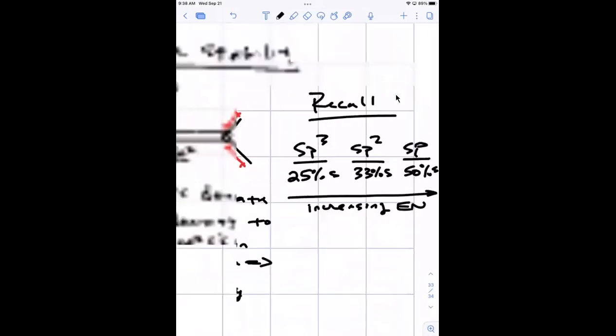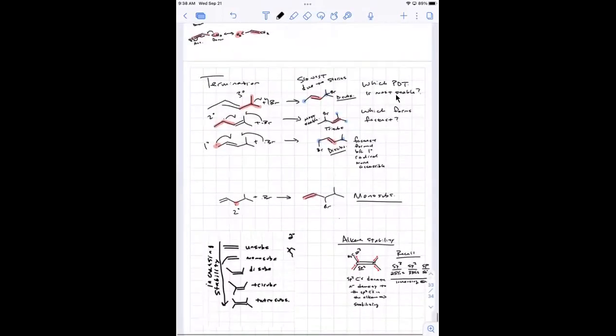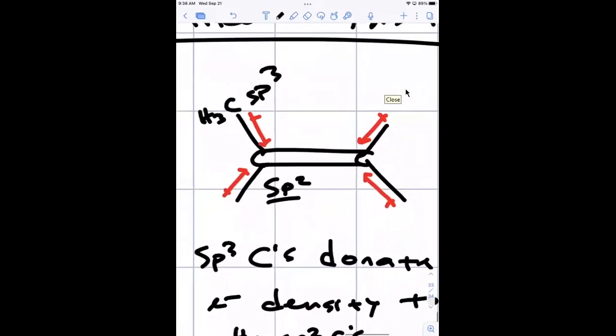All right. Any questions about the product, so we know which one is the most stable, and the reason this is important? Yes, Danielle, good question. That's why the dipoles go the way they go.